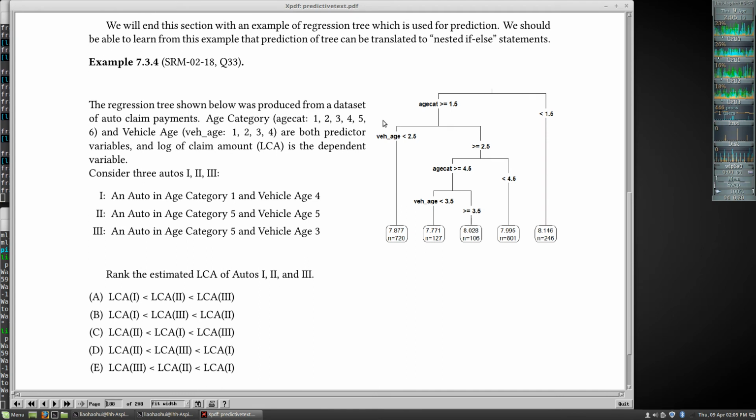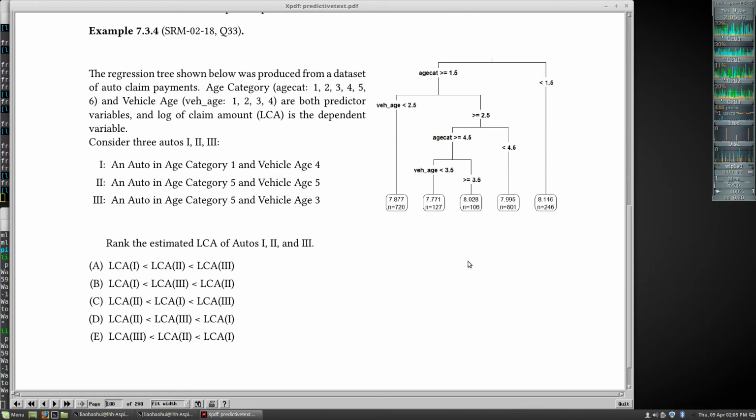So finally we put an SOA exam question example here, in which a regression tree is constructed for us. Why is it a regression tree? It's a regression tree because the outputs are all numerical instead of categorical.